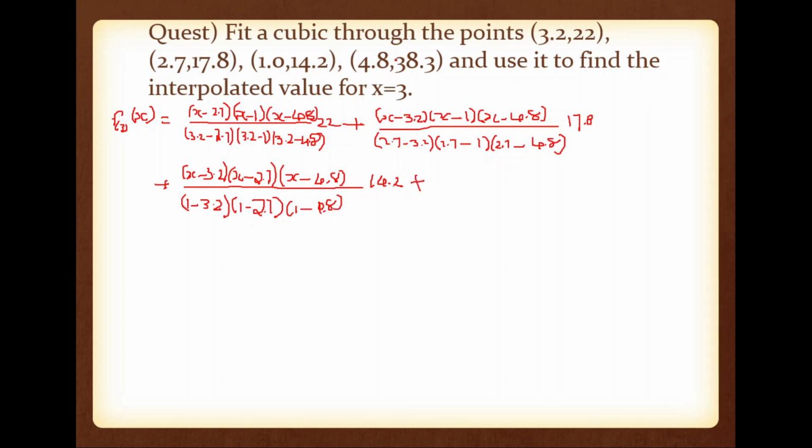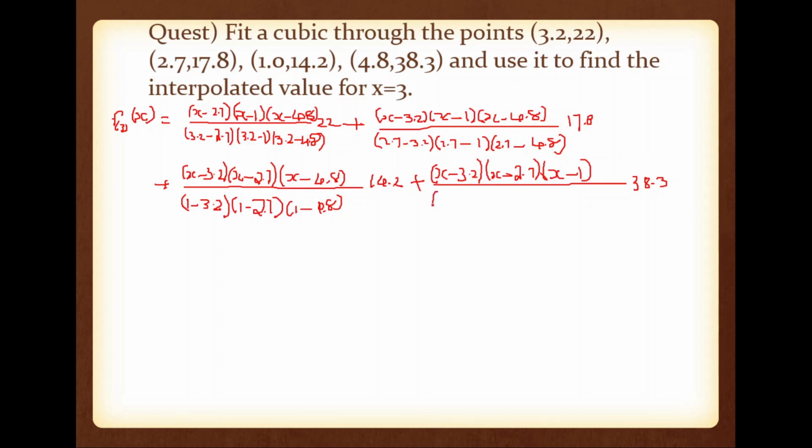Plus, now corresponding to the last element, 38.3. So please note 4.8 is the x value of 38.3. So 4.8 is missing in the numerator. x minus this 3.2 into x minus this 2.7 into x minus 1. Now this 4.8 is missing because it is corresponding to 38.3.